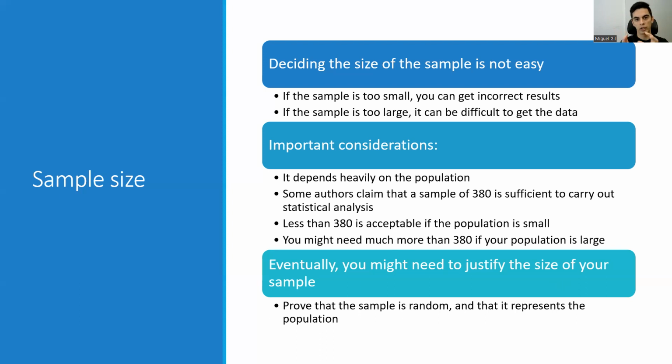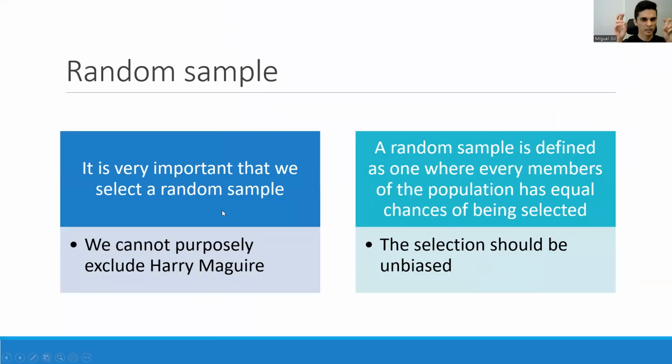Imagine that you have the data of 500 players and the whole population is 1,000. That sounds great, 500 players out of 1,000, that's a good number. But you also need to show, and this is part of justifying, that these 500 were randomly selected, or that they came from a random sampling method.